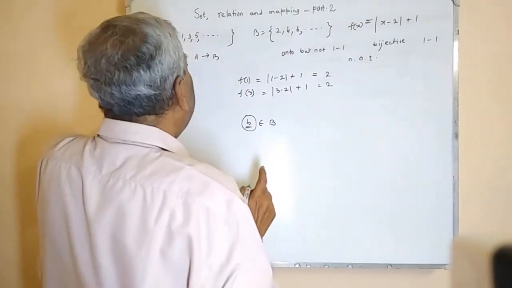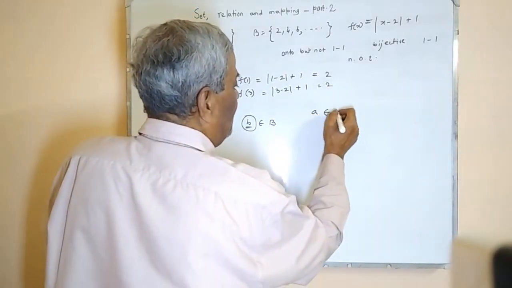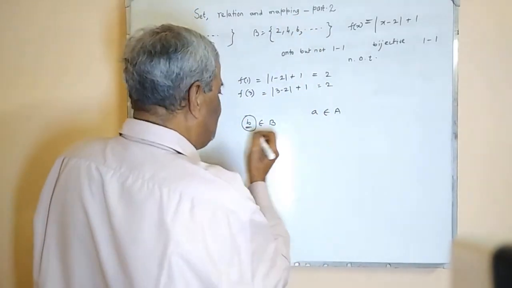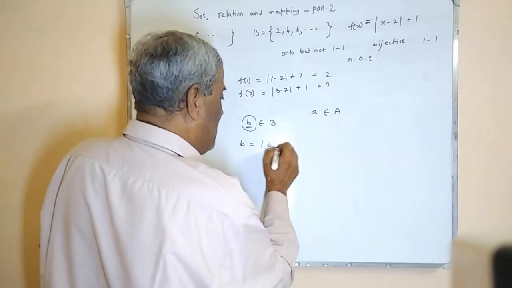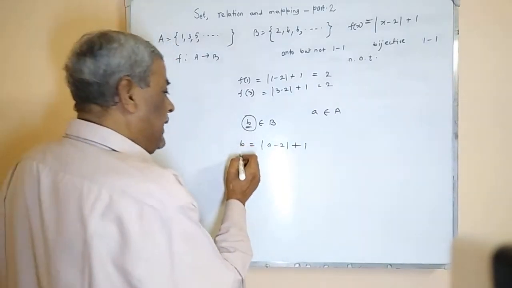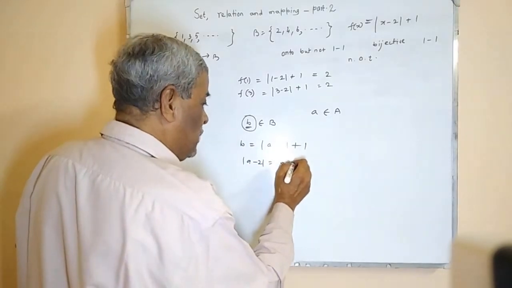And corresponding to a in A, its image is b. So we get b equal to mod of a minus 2, plus 1. So we get mod of a minus 2 equal to b minus 1.